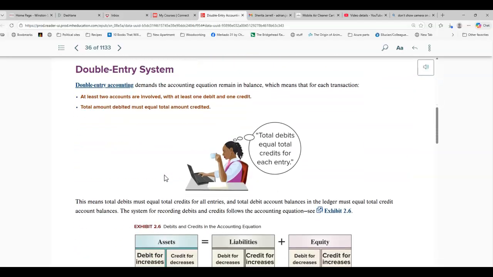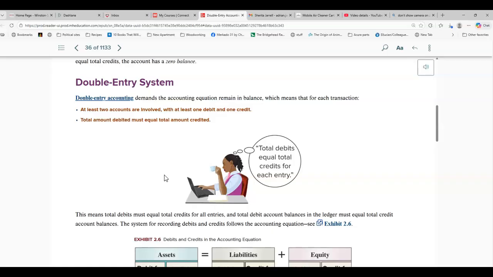Okay, double entry bookkeeping, and that's what we're dealing with here. Whenever you make a transaction, and we talked about this in chapter 1 with the spreadsheet, every time you record a transaction, you have to record it in at least 2 accounts, with at least one debit entry and one credit entry, and the total amount of the debits has to equal the total amount of the credits.